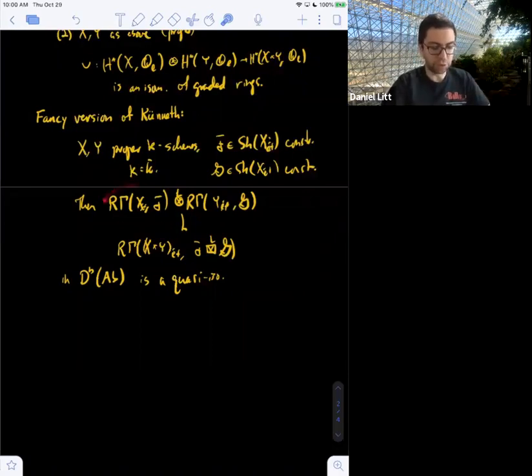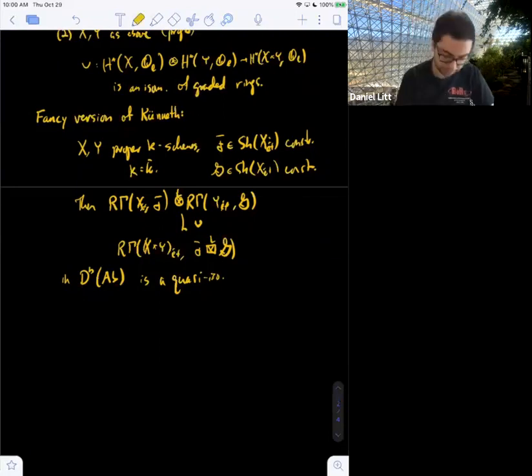So here you can take these RΓ to be the Čech complexes, and then this map to be the cup product. So this map is the cup product that we just described. So that's at least a rigorous formulation of this statement in the case where X, Y are at least projective, say, rather than proper. So without any real derived category nonsense, we can actually state a rigorous version.